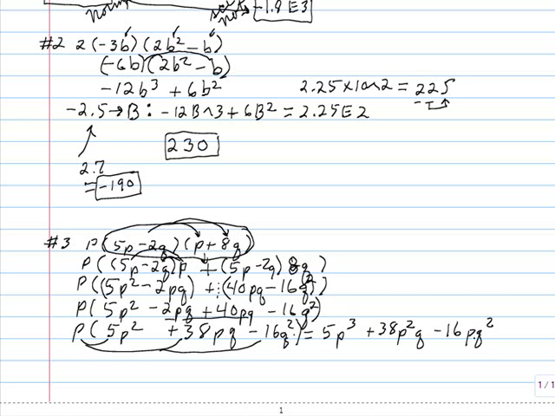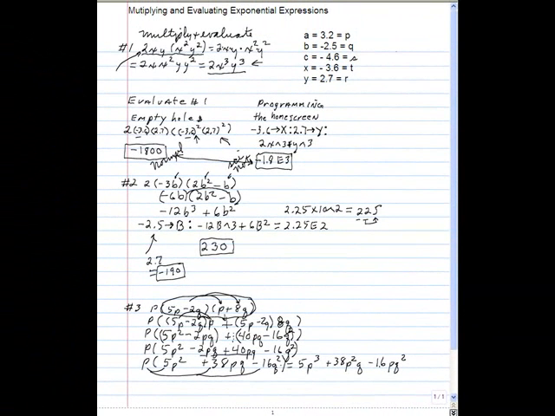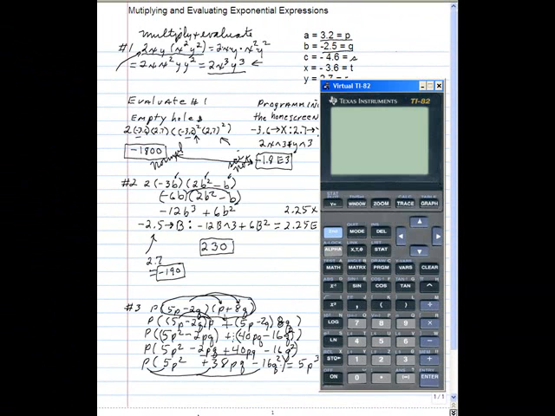Now to evaluate that for p and q, notice up here at the top, p is 3.2 and q is negative 2.5. So I'll bring up my calculator. I'll move it up a little.